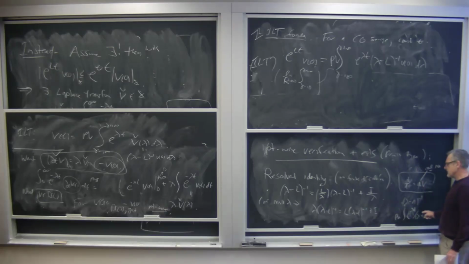And the way I suggested to estimate it was to break this into 1 over the imaginary part of lambda minus 1 over the imaginary part of lambda squared.